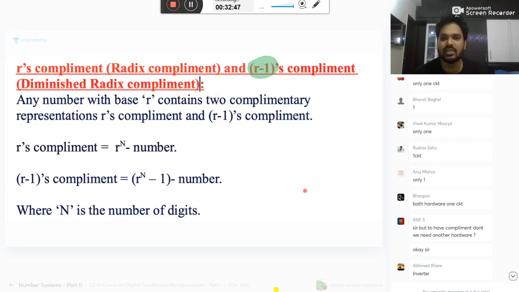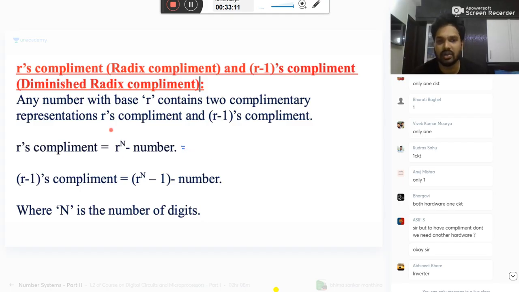I'll give an easy shortcut for this. Don't worry about it. First, any number system with base R contains two complementary representations, that is R's complement and R minus 1's complement. R's complement of a number is nothing but R power n minus number. What is R power n? I told you just now.